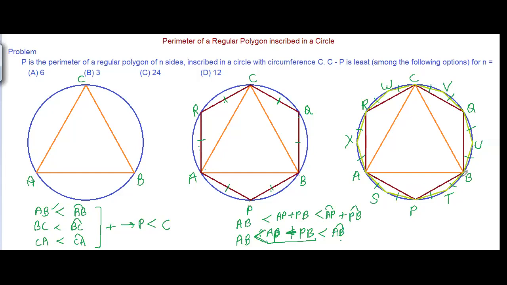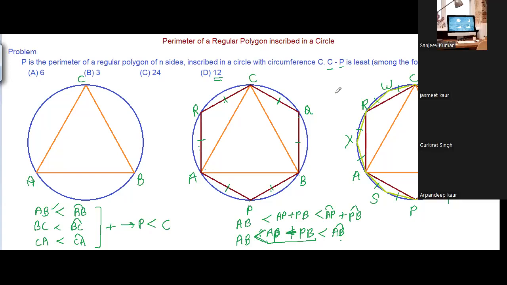So the 12 sides of this polygon together are more than the perimeter of the hexagon, but still less than the circumference of the circle. So if we take 12 sides, the difference between the perimeter of the polygon and the circumference has become less.